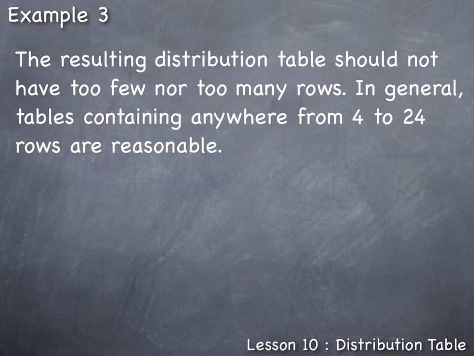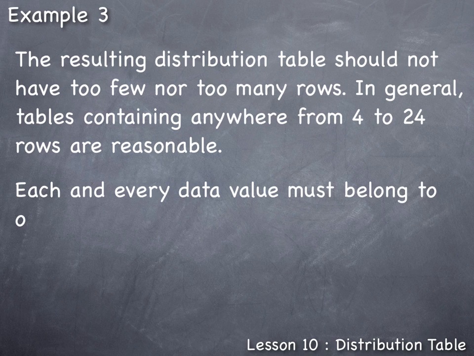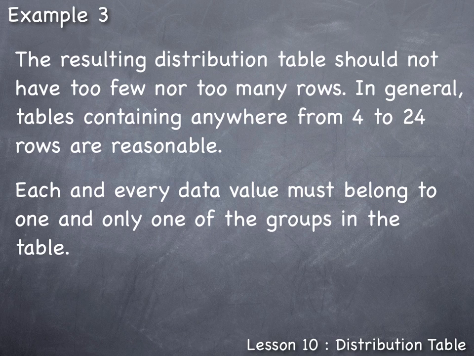In general, tables containing anywhere from 4 to 24 rows are reasonable. Finally, each and every data value must belong to one and only one of the groups in the table. Following these guidelines when constructing distribution tables will help you produce useful and informative results.